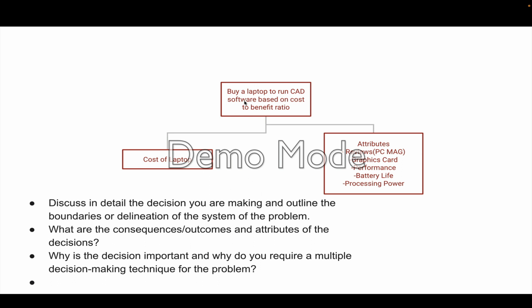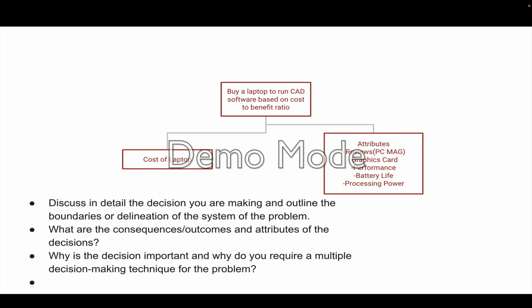So when using the SMART method, I'm going to be making this decision based on the ratio of the cost versus the attributes and the quality of the attributes.